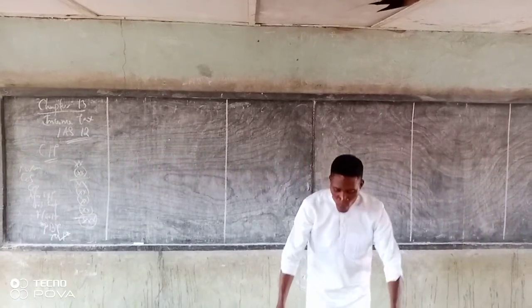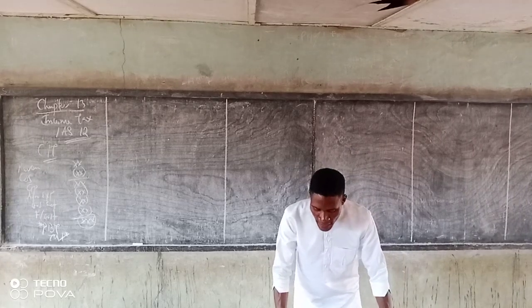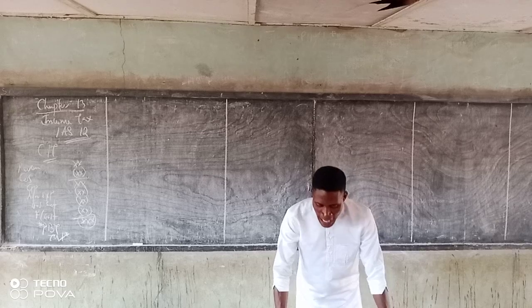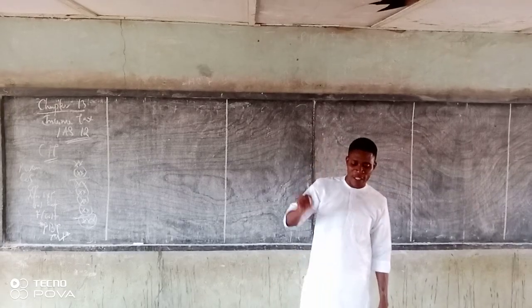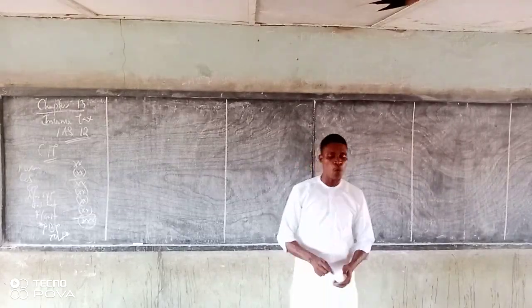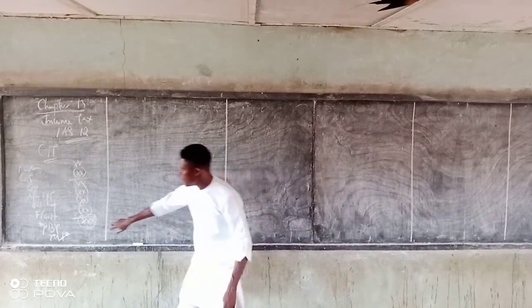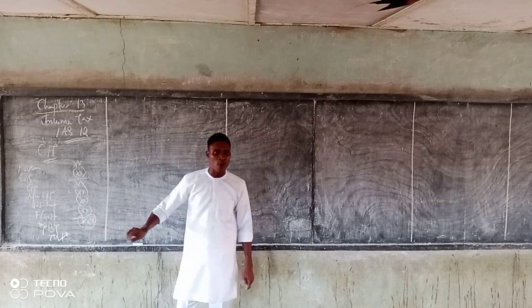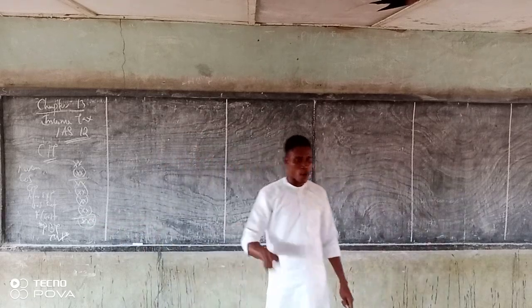Let me read that again. Companies pay tax on their profit. The tax charge is based on their accounting profit as what? Adjusted according to the tax law of Nigeria. So we don't just pick this profit here and tax it away. No, you have to adjust it in line with what? With the tax law of the country.